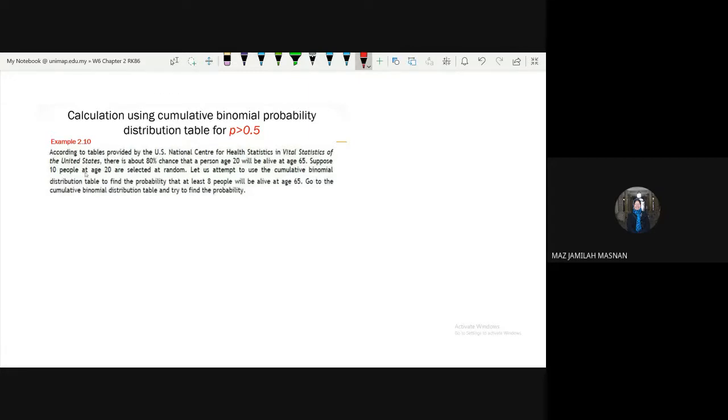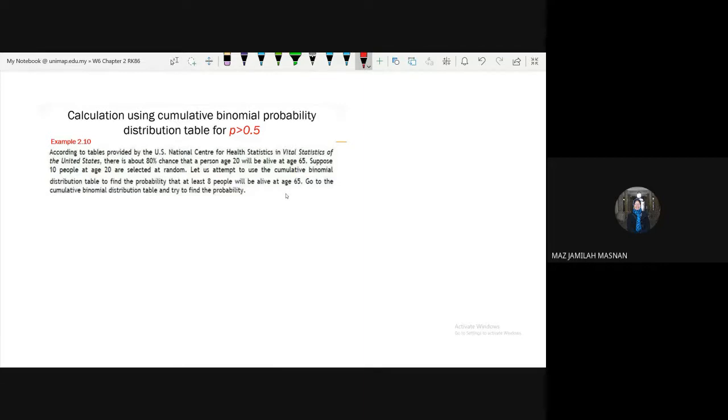Suppose 10 people at age 20 are selected at random. Let us attempt to use the cumulative binomial table to find the probability that at least 8 people will be alive at age 65.